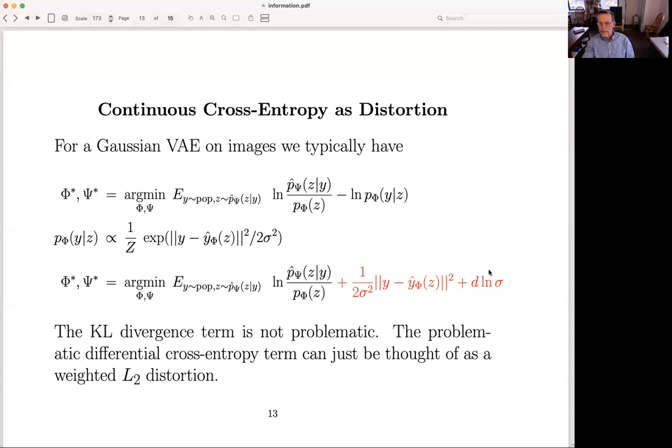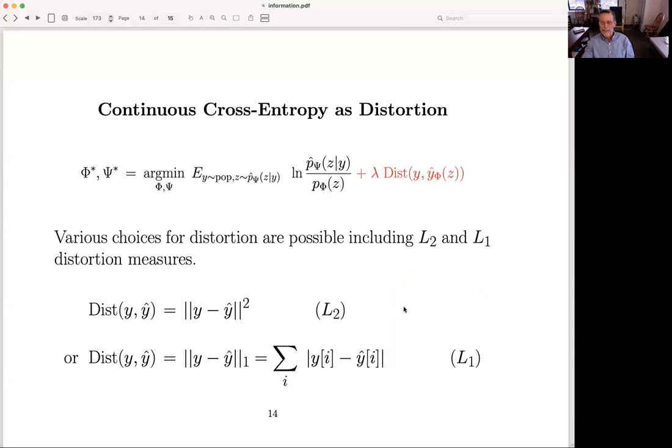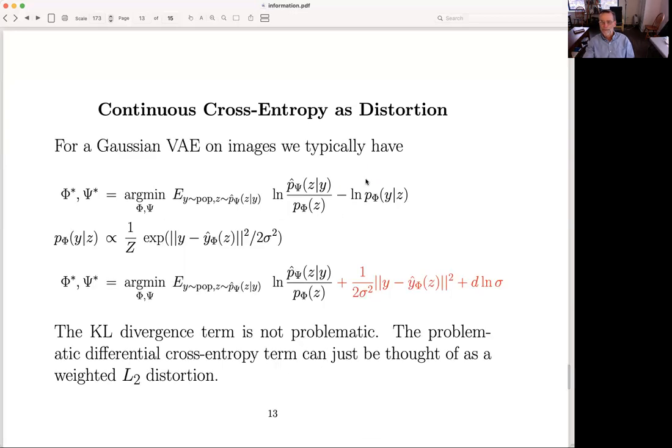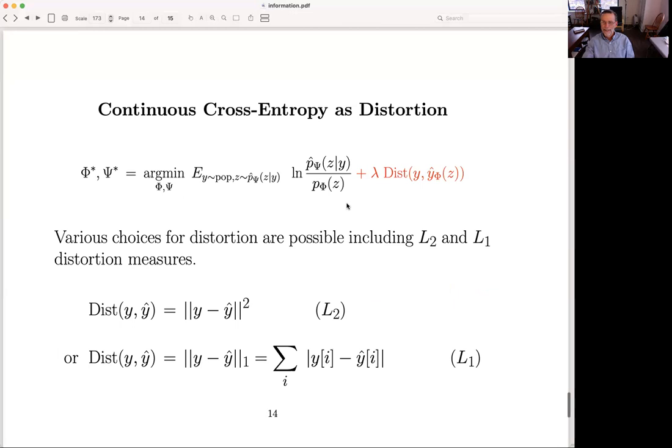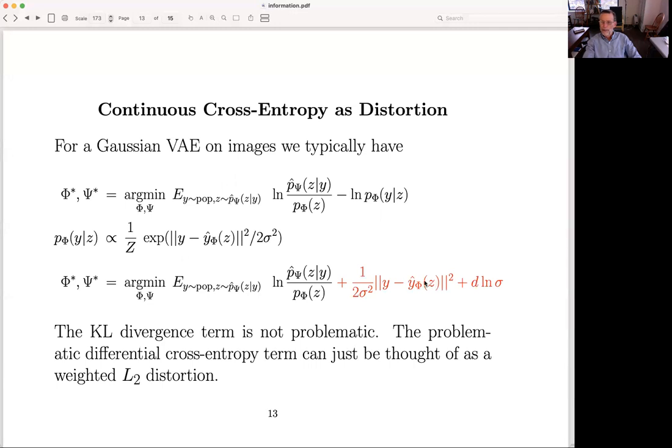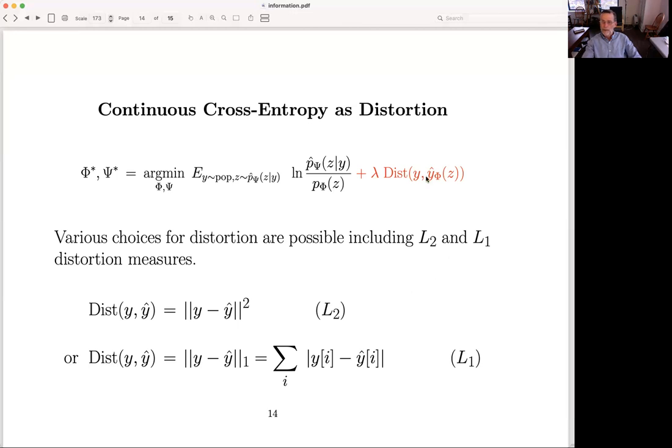Okay, but in practice, people ignore this, and in practice, what happens is for Gaussian VAEs, this last term here in the VAE turns into just a distortion term with some arbitrary parameter stuck in front of it. So what I just showed you was the case where the distortion term is L2. It's just an L2 distortion. We're looking at the distortion between the reconstruction and the truth.